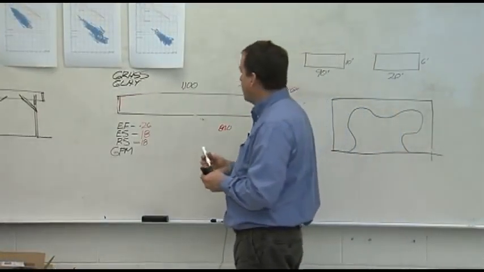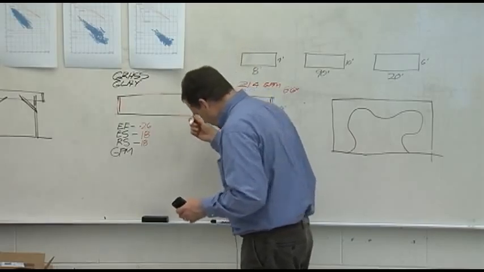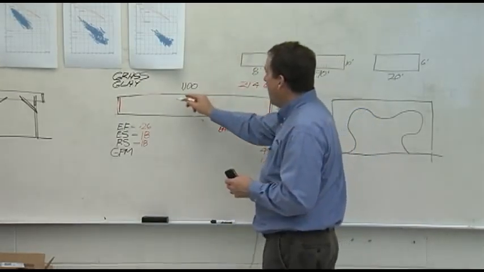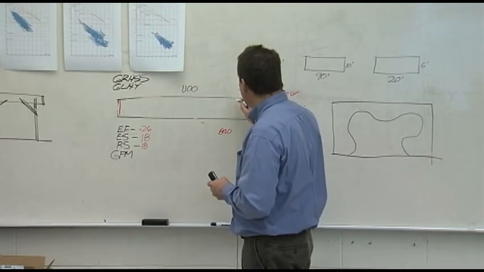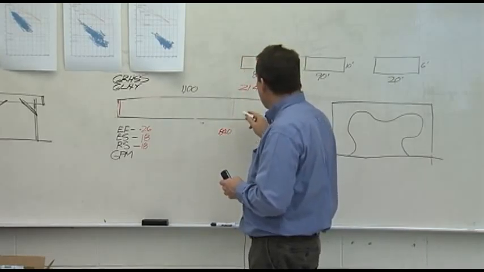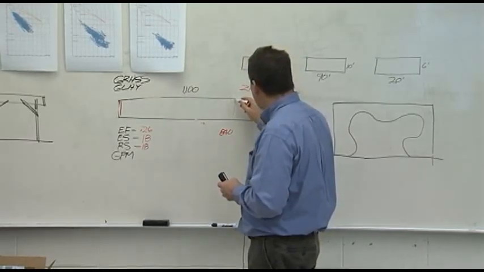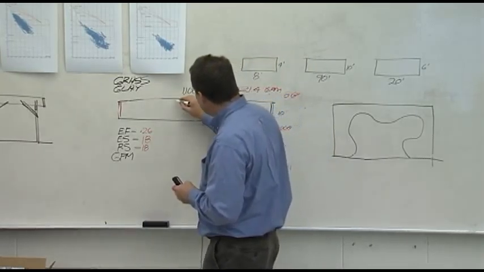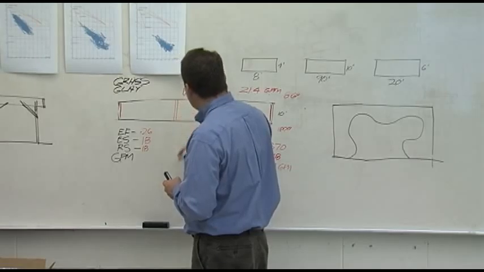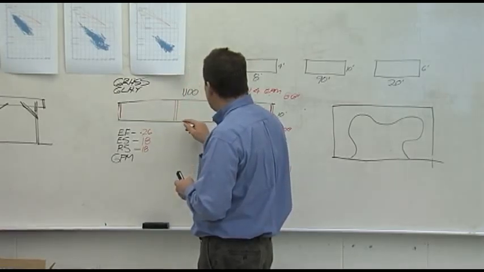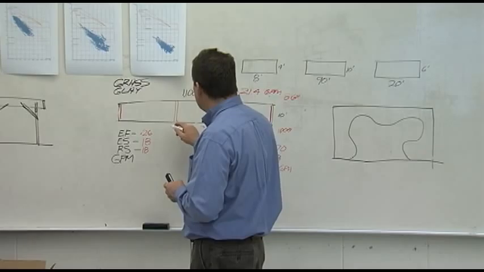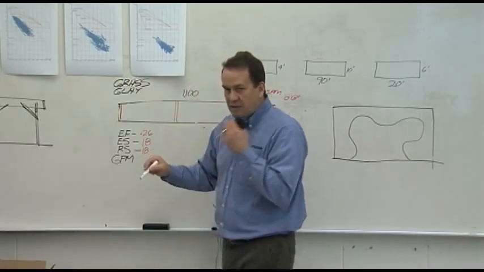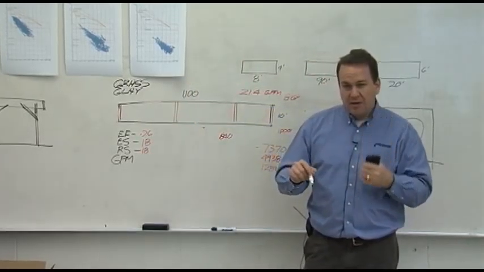So what I would do is take this 1100 and divide it by 3, and come up with 3 equal areas. And then have 2 sets of headers, and I'd have a flush valve on the supply headers and exhaust headers. Does that make sense? What we did there?